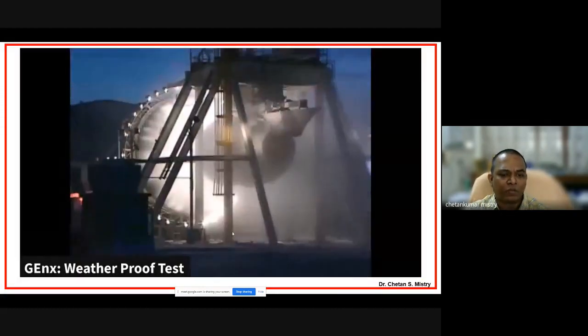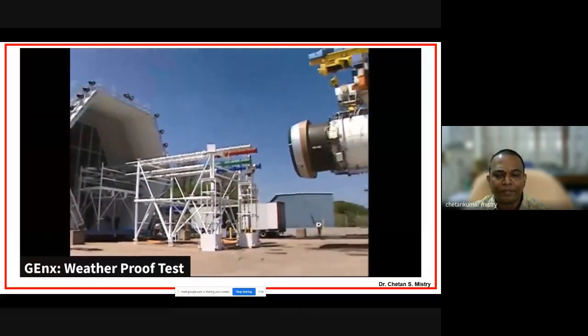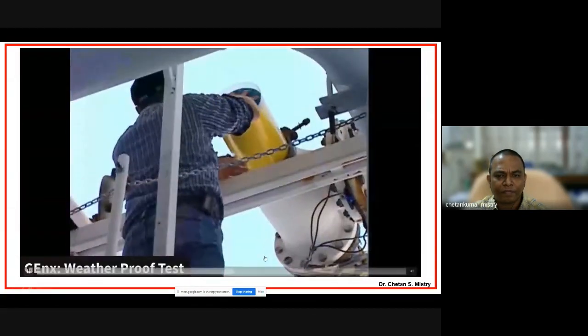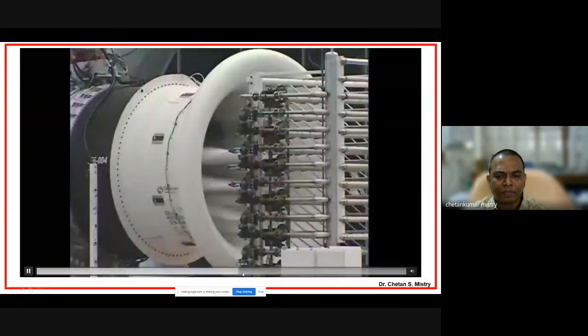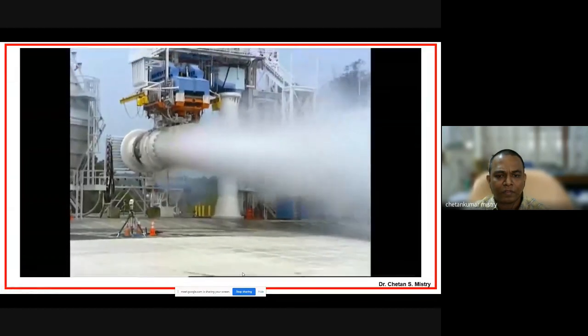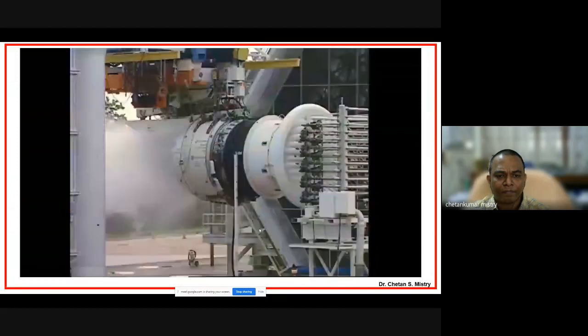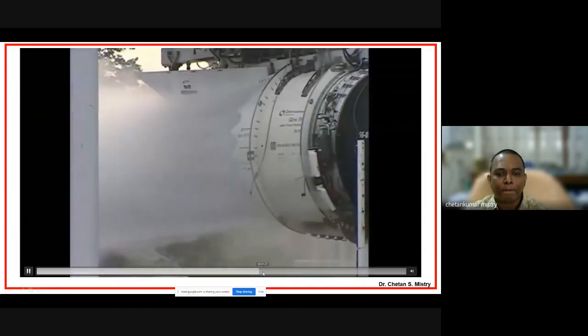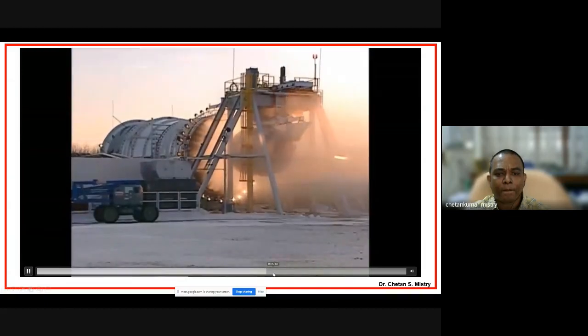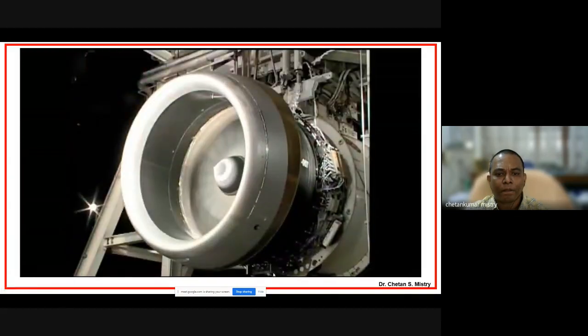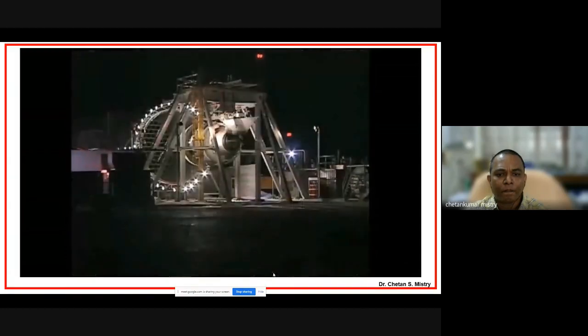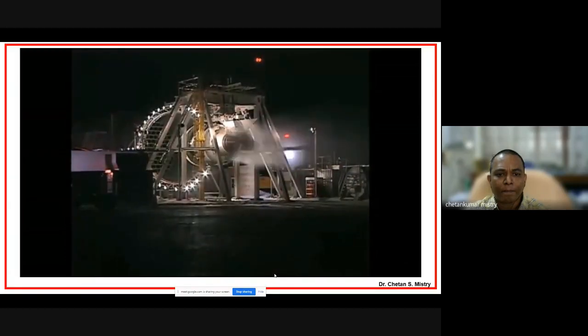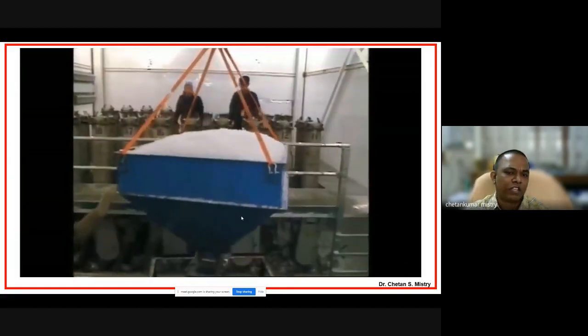You can look at, this is a weatherproof testing. So all kinds of, this is with ice testing.